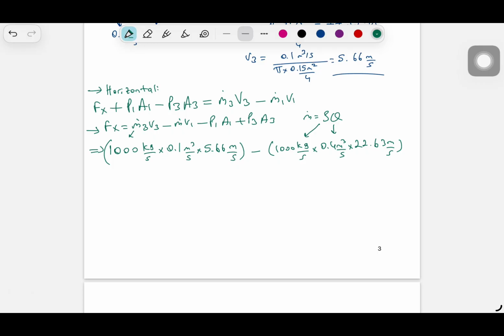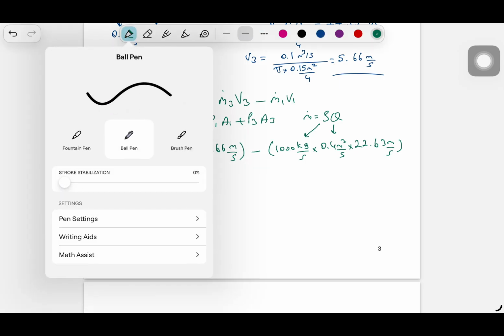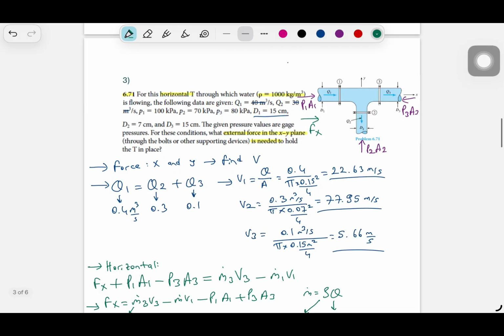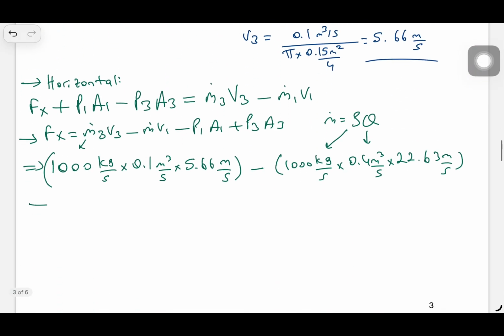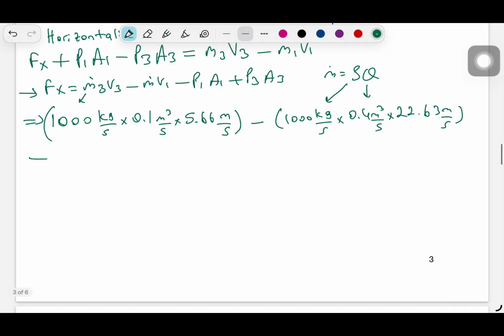And let me continue from second line. Now we will calculate minus P1 A1. So for P1, we have 100 kilopascal, which is 100,000. And we have 70 kilopascal, and it is 70,000 pascals. So for P1, we have 100,000 Pascal times the area.